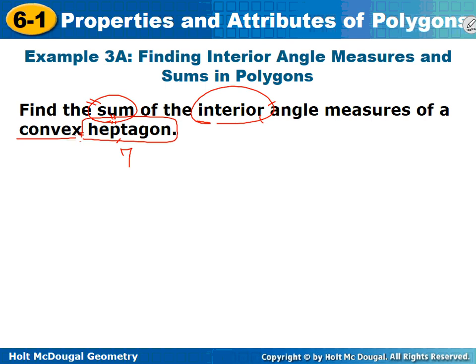How do we find the sum of interior angle measures? 7, say it. N minus 2 times 180. All right, so what is 7 minus 2 times 180?